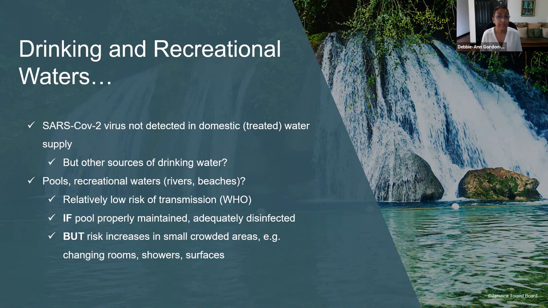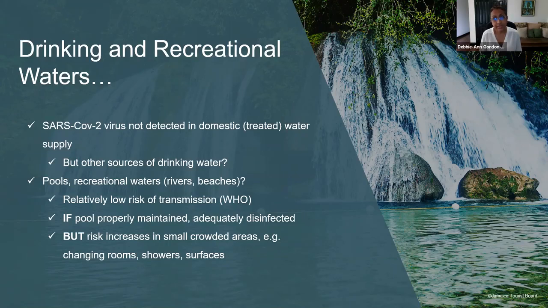What about pools and recreational waters? Again, like I said, the WHO thinks there is a low risk of transmission in these types of water bodies. And if the pool is properly maintained and adequately disinfected, it is thought that there should be a low possibility of transmission.